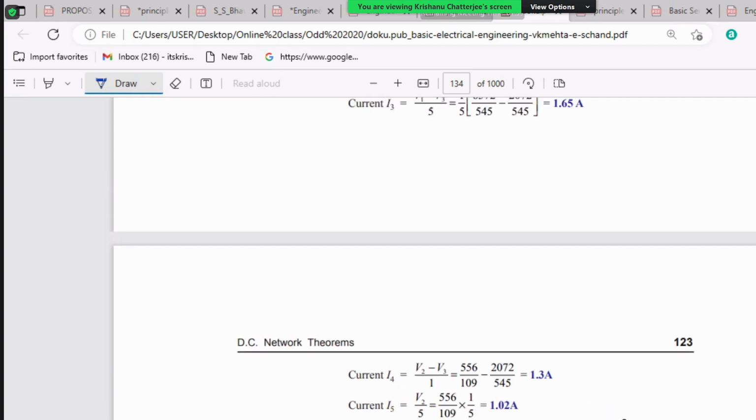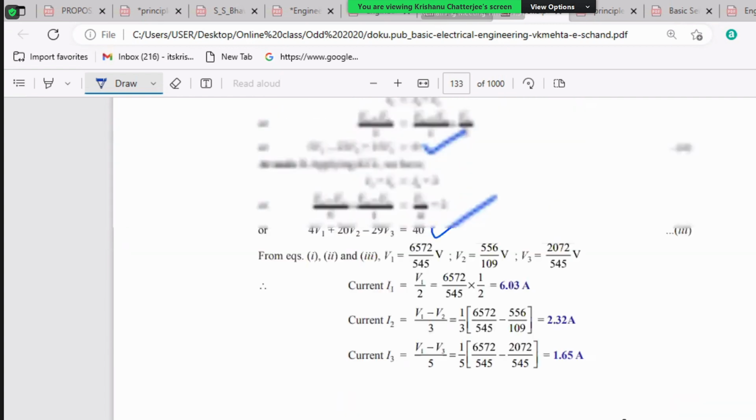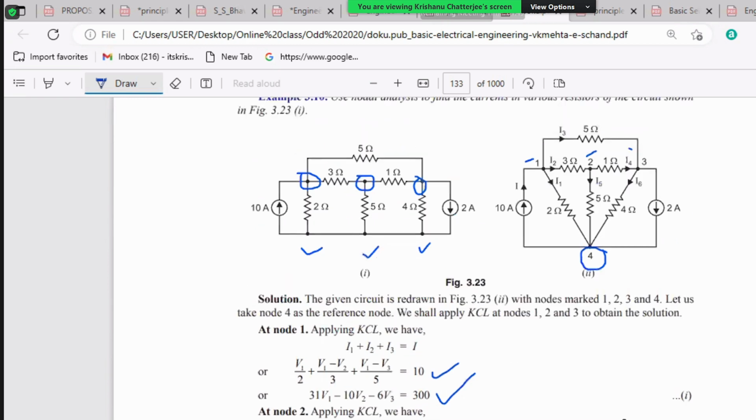Is this clear? The basic thing is we have to identify the independent nodes, write down the currents in terms of voltages, apply KCL, put the values of the currents and solve it. That's all.